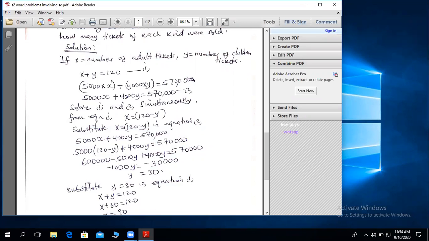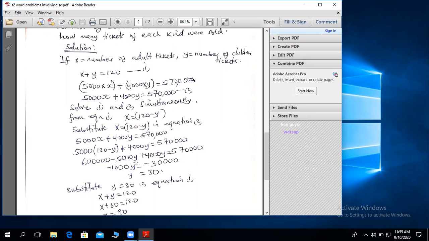And now solving for Y won't be a problem to you, students. When I multiply by the opening bracket, this one becomes 600,000, the way you usually call it. And when I multiply here, it becomes negative 5,000 Y. And this becomes 4,000 Y equal to this.